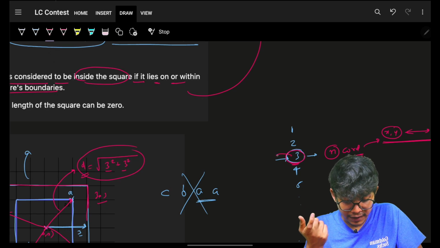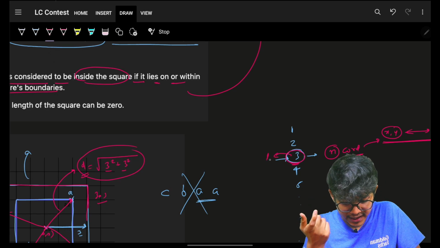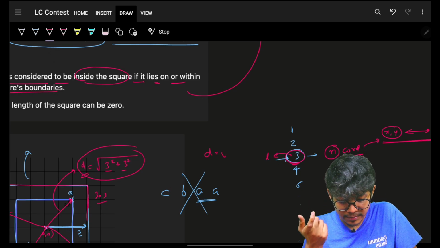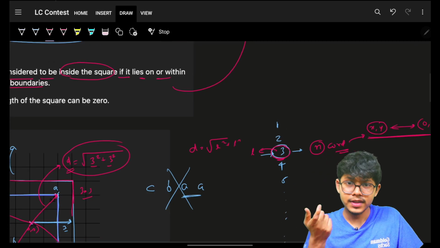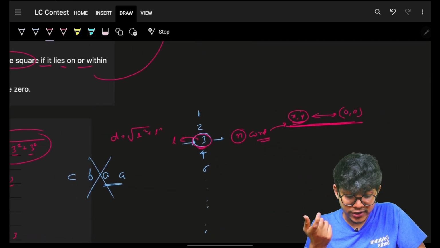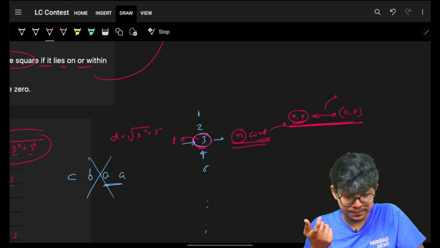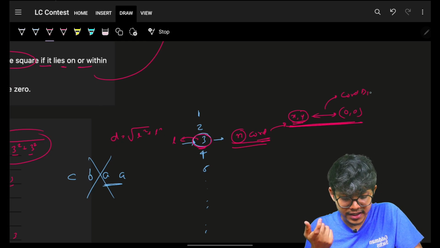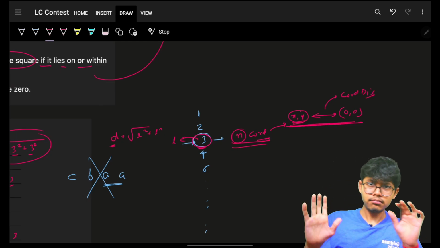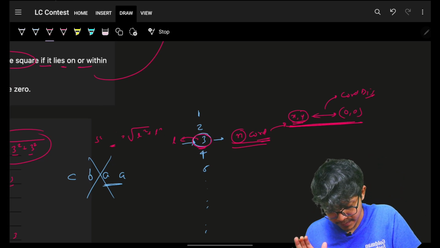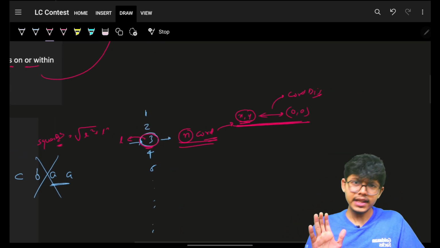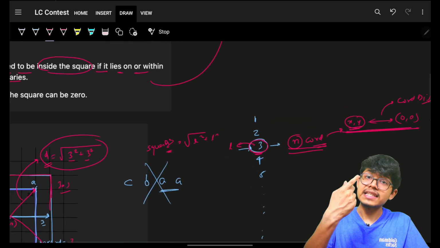If the current length is, let's say, 3, the distance will be L square plus L square. So if this distance is less than my square distance, then I will say this coordinate lies inside my square.